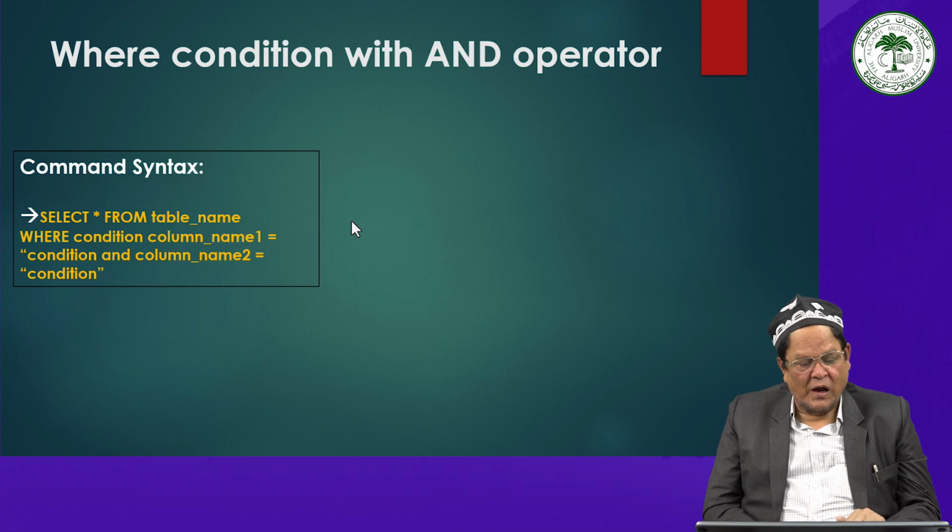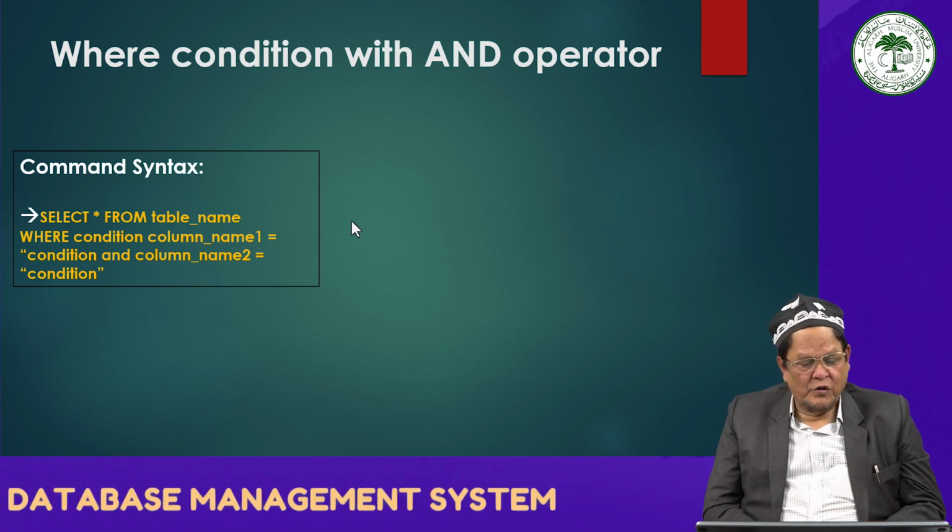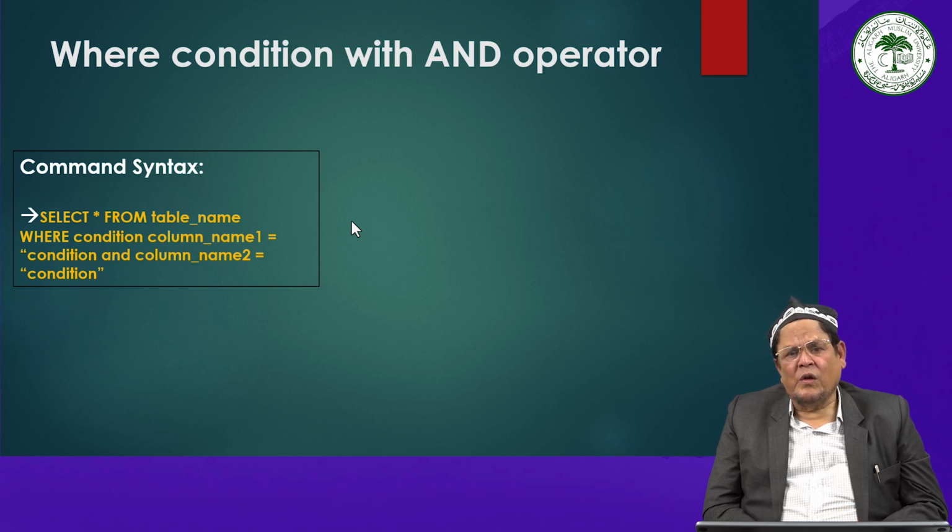If you have given the AND operator, it means both conditions must be satisfied, then it will display. In the OR operator, if any one condition, condition 1 or condition 2, is satisfied, it will display. With the AND operator, both conditions must be satisfied, otherwise the result will not display.